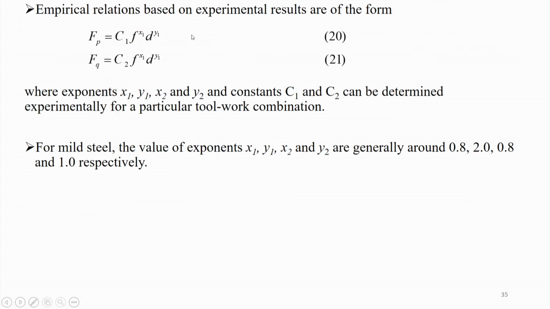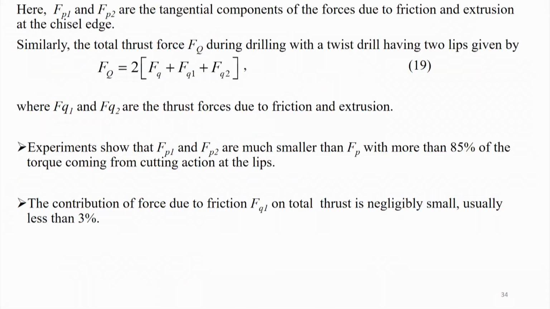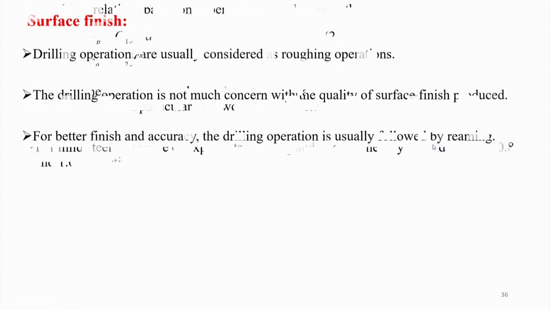Empirical relations based on experimental results are of the form Fp equal to C1 F to the power something, and Fq is the corresponding thrust component. For mild steel, the values of the exponents are generally around 0.8, and D is the diameter here.